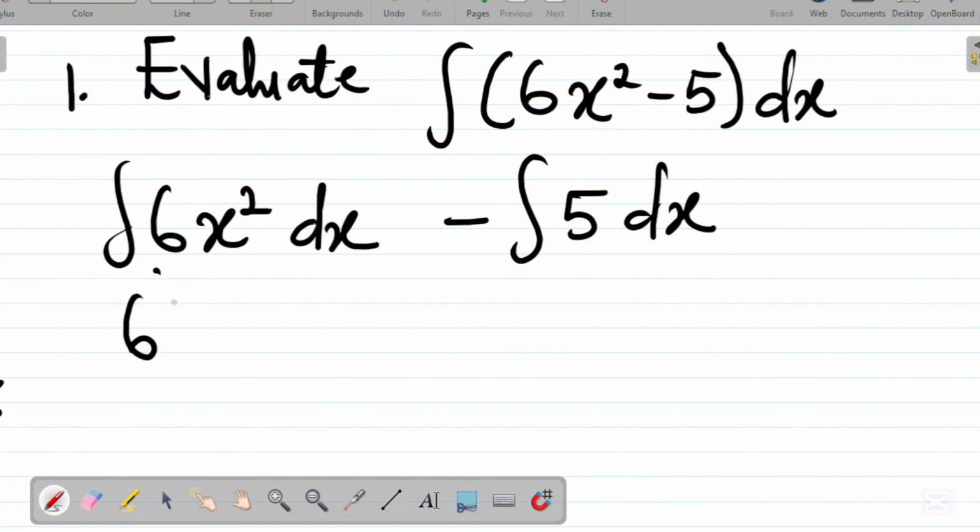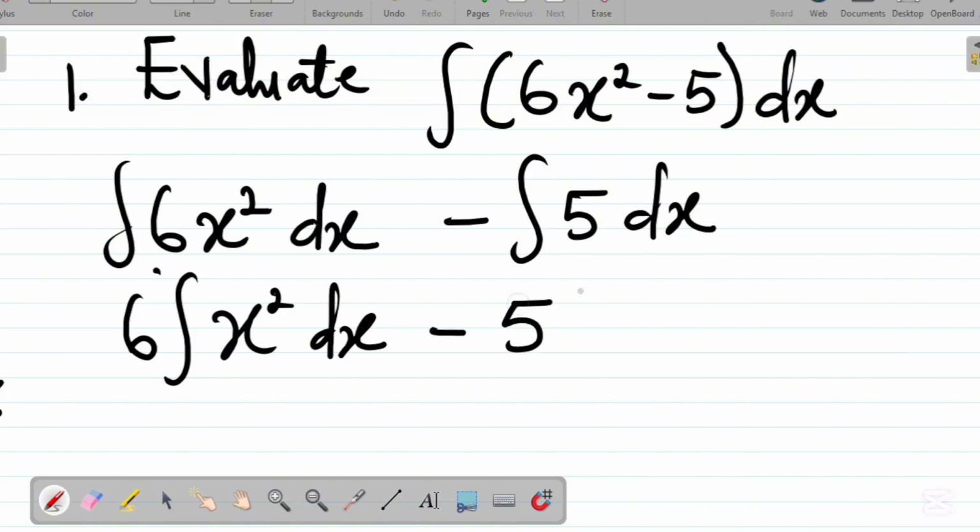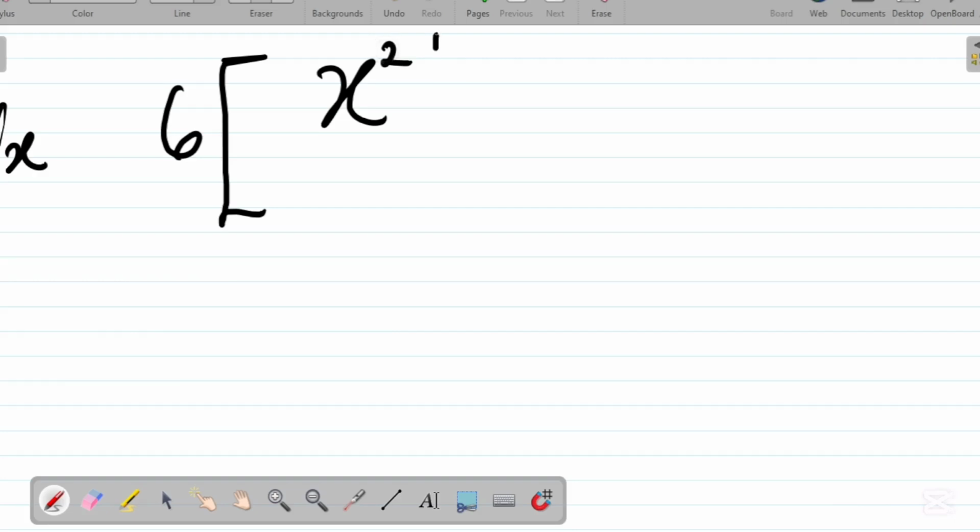6 is a constant term. So we have 6 integral of x squared dx minus, bring out 5, integral of dx. If you integrate x raised to power 2 with respect to x, you'd have x raised to power 2 plus 1 all over 2 plus 1.